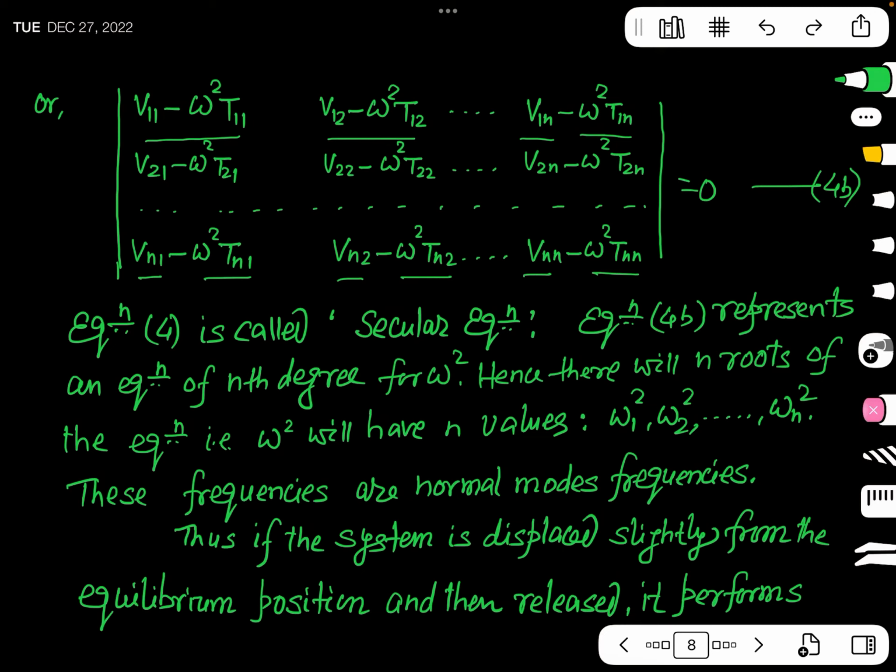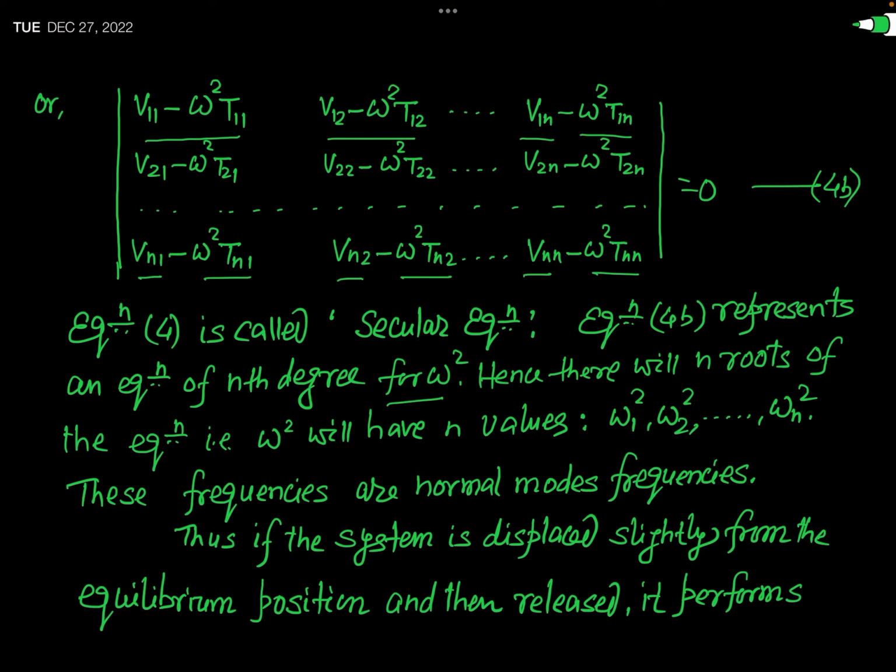So you can say that this is an equation of nth degree for omega square, and so there will be n roots of this equation. N roots means we will have n values of omega square. Those n values of omega square, if you assume, are omega 1 square, omega 2 square, and so on, omega n square.